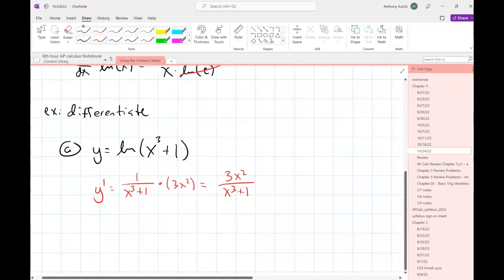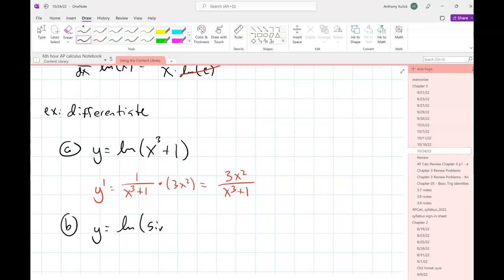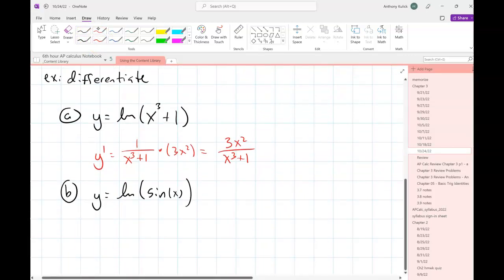Feel pretty good there? Okay. What if we have the natural log of sine x? What do you see here? Another chain rule. The outside is?